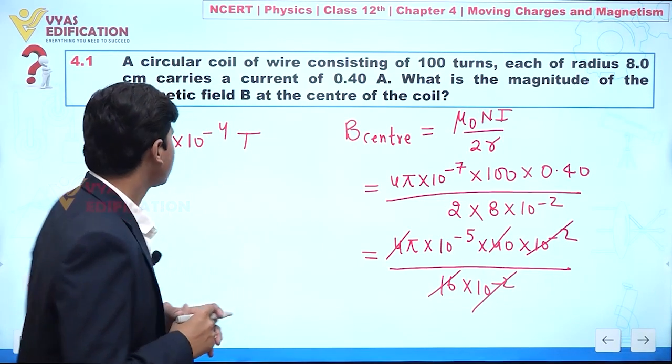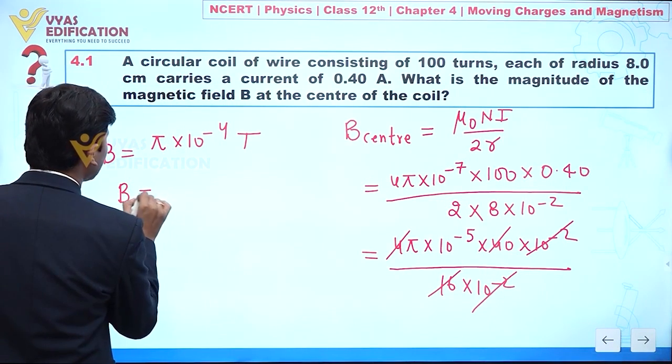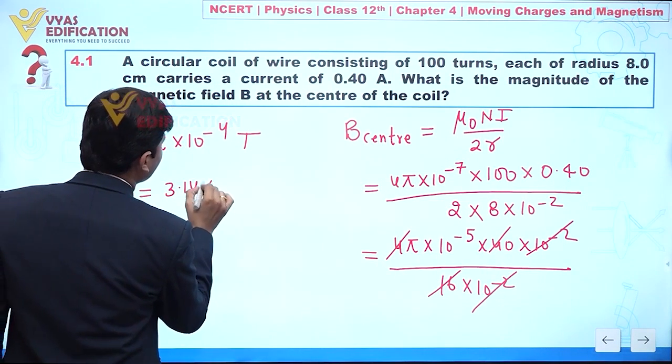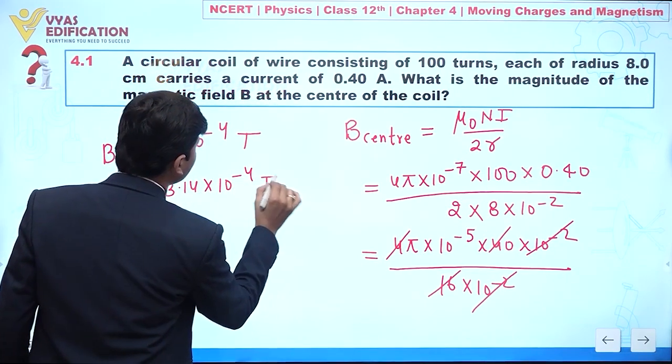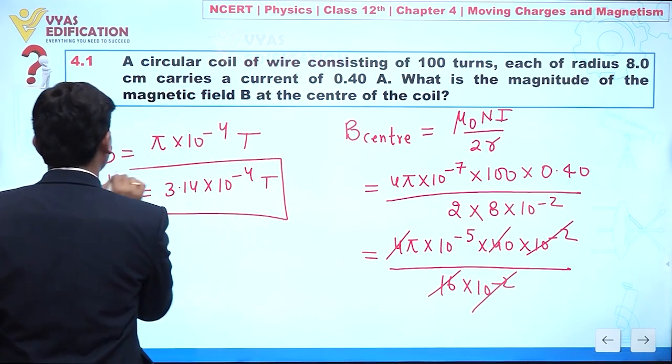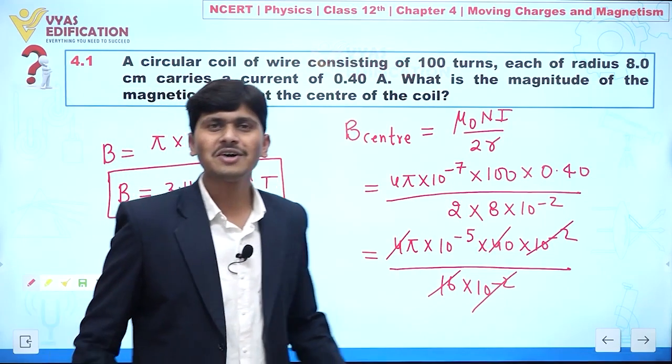So B is 3.14 into 10 to the power minus 4 Tesla. So this is the solution of this question.